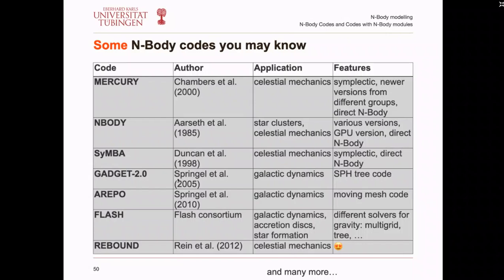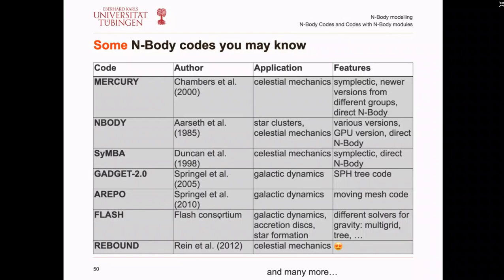And there's also from Volker Springel the Arepo code, which is a moving mesh code, also for galactic dynamics, which uses some gravity solvers. I think not based on a tree. I think they solve the Poisson equation.